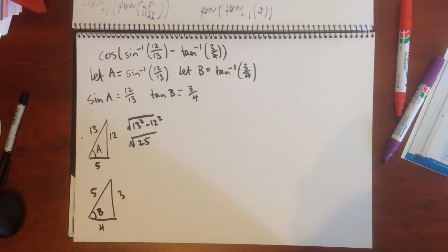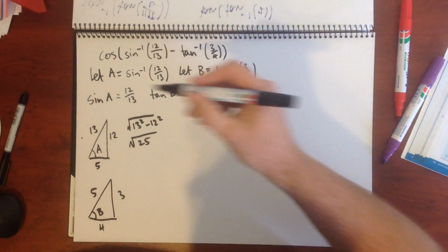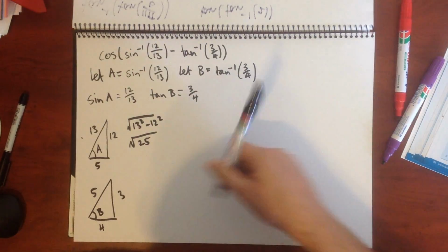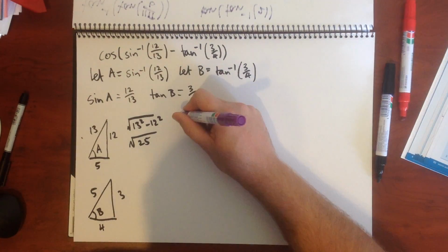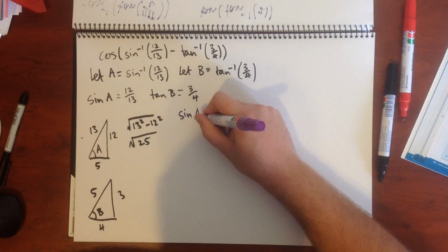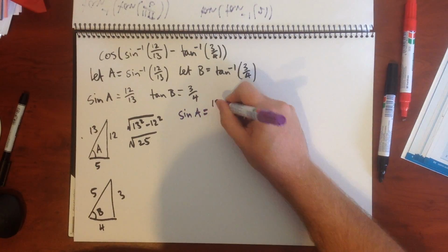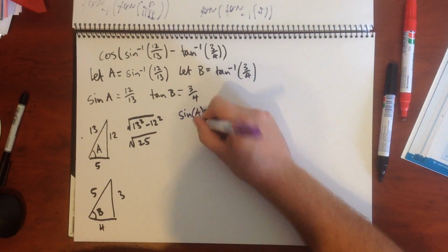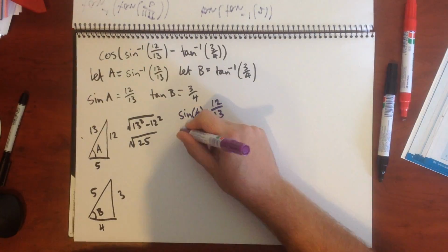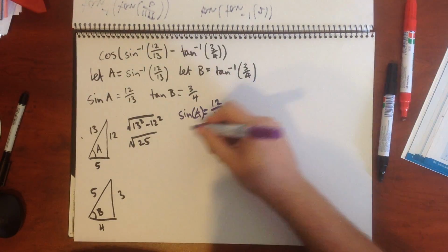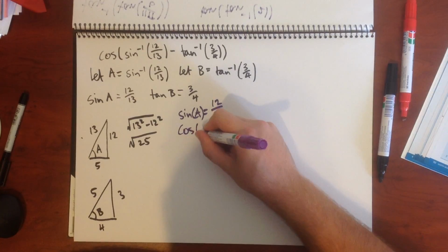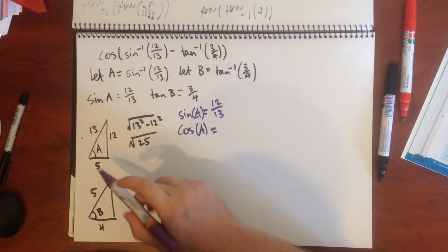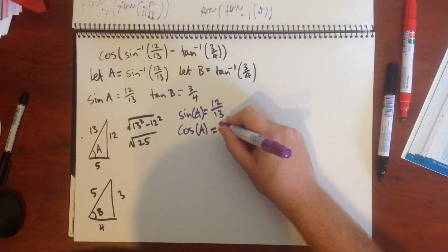So what we need to find now though is we've got sine of A. Okay, so I might just start doing a bit of a list of what we've got. Sine of A is equal to 12 on 13. We need cos of A, which is going to be 5 on 13.